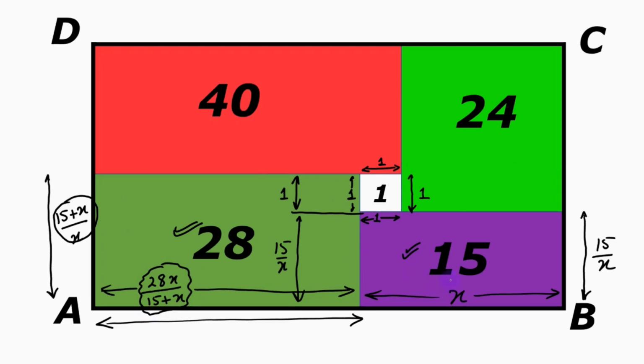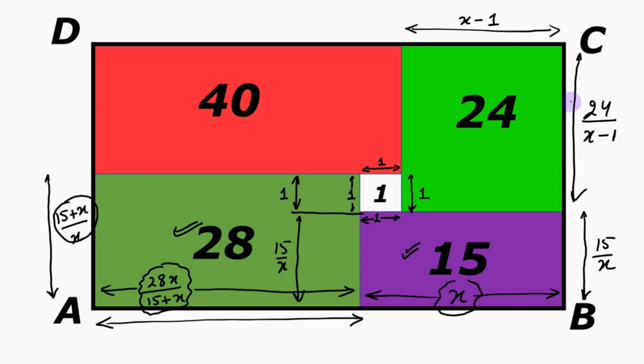Moving further, because this is equal to x, we can state that this length will be x minus 1, and hence this length will be 24 upon (x minus 1), since this into this should equal the area 24.